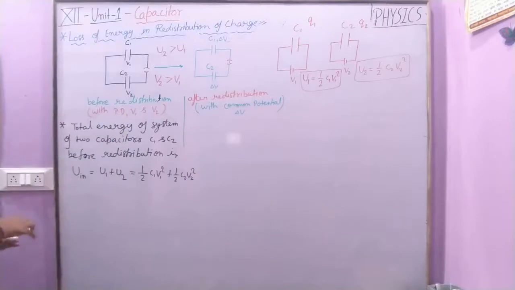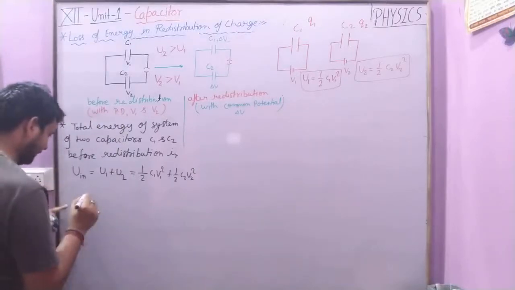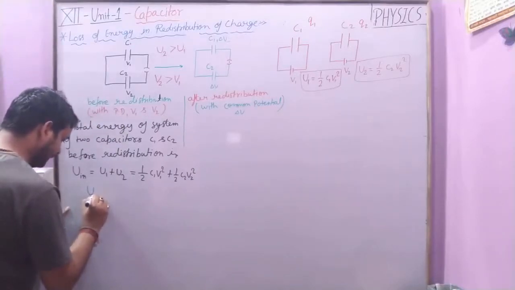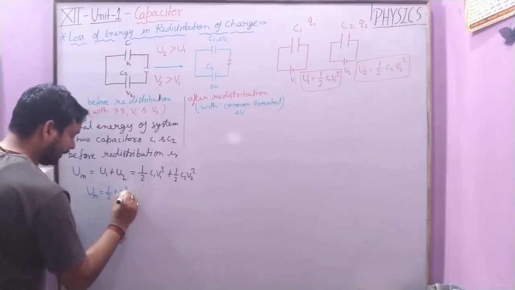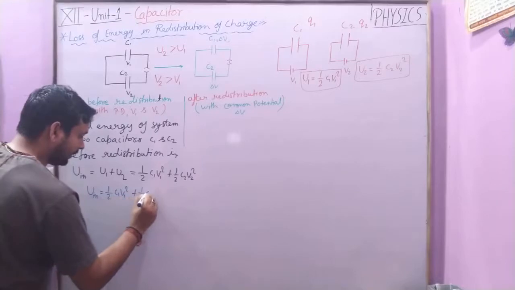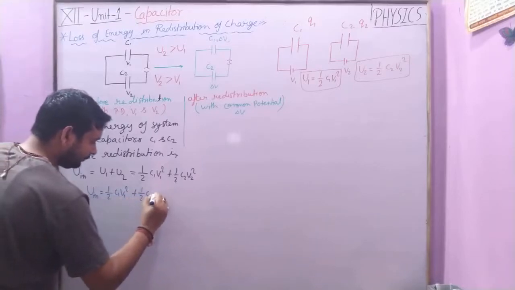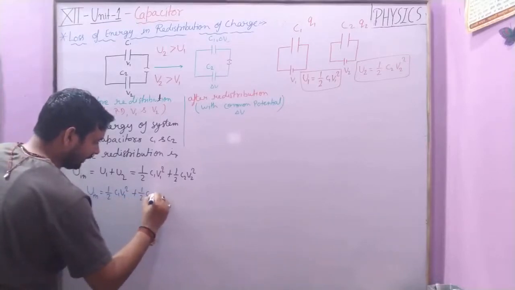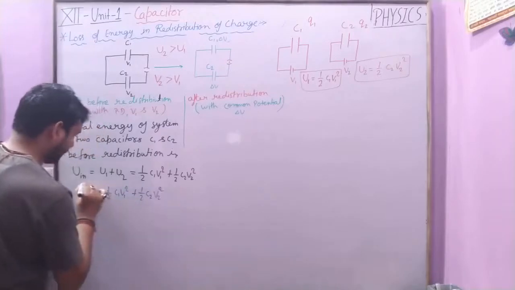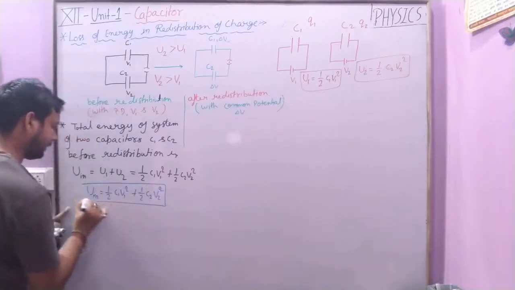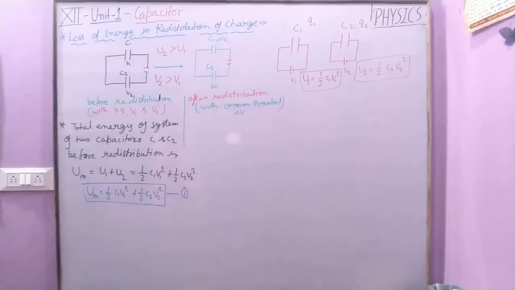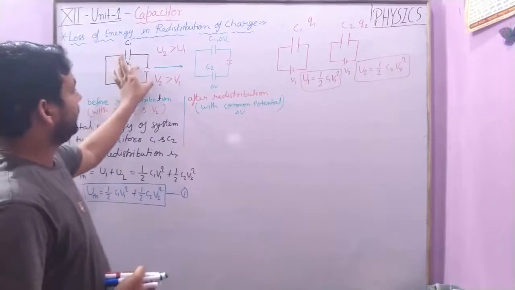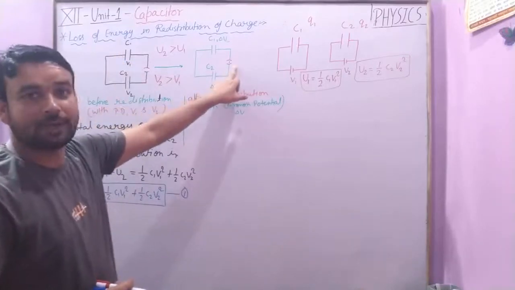That is, before redistribution, initial energy is half C1 V1 square plus half C2 V2 square. Let's say this is equation 1.